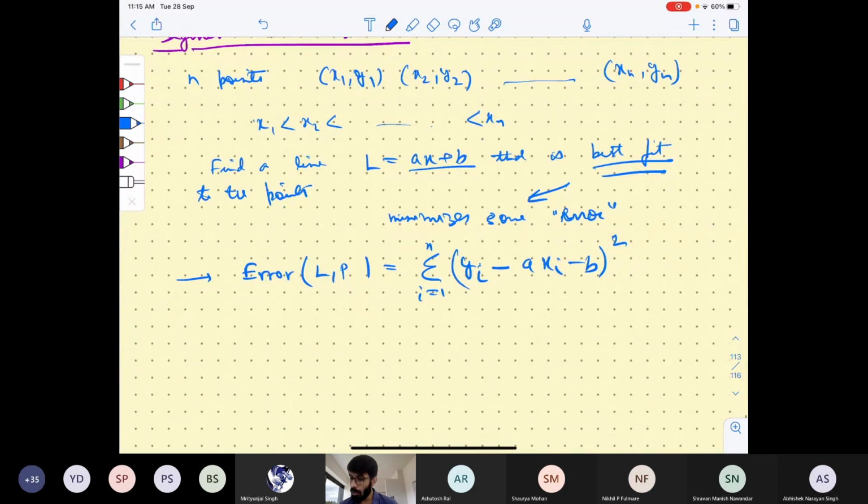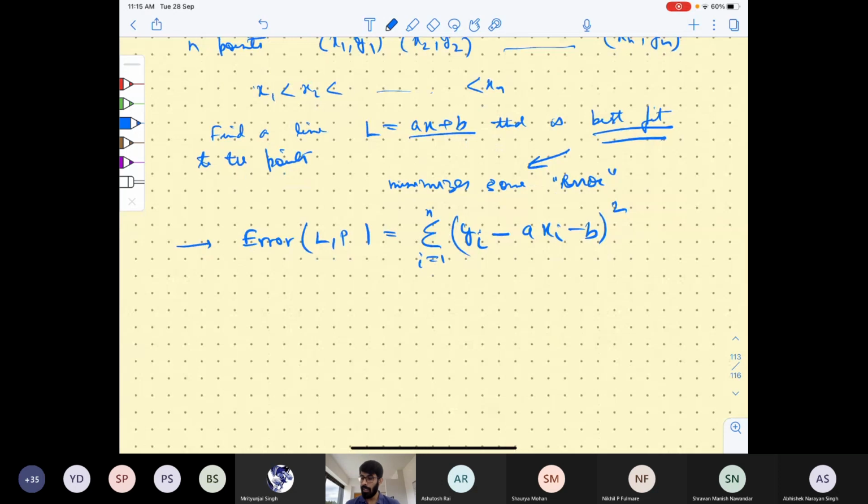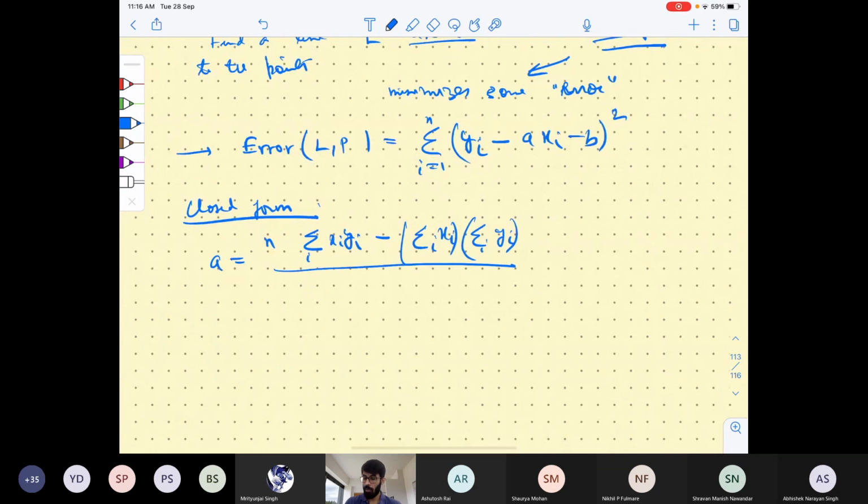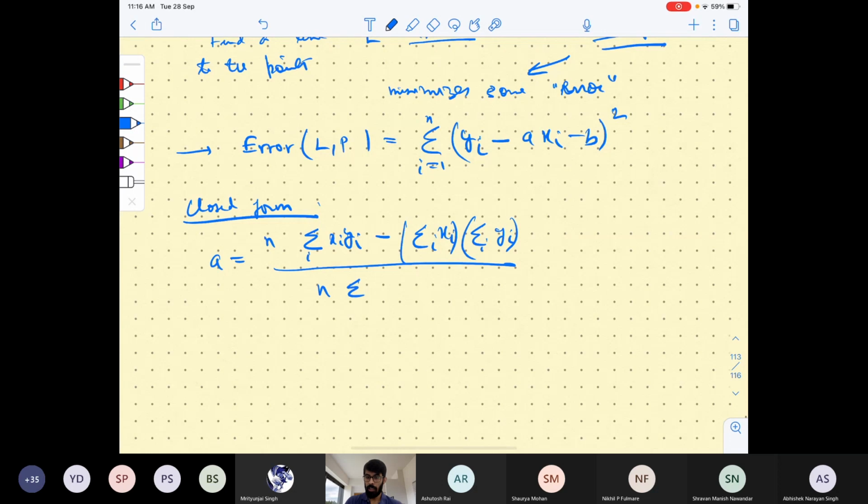So the thing is that if you just want to find one line like that, then actually there is a closed form which gives you this line given the points, which is just a is equal to, I'm just going to copy it down, n summation i xi yi minus summation i xi summation i yi, divided by n summation i xi square minus summation i xi whole square.